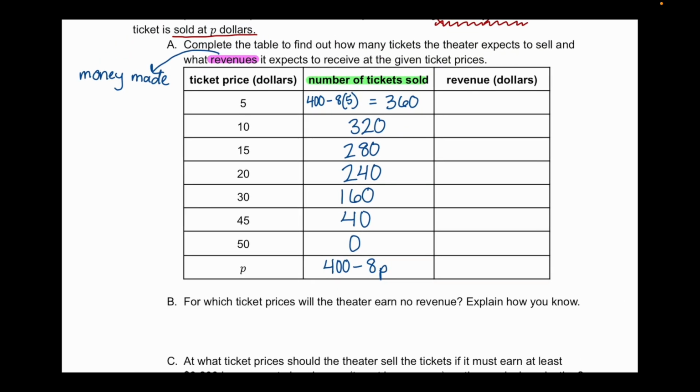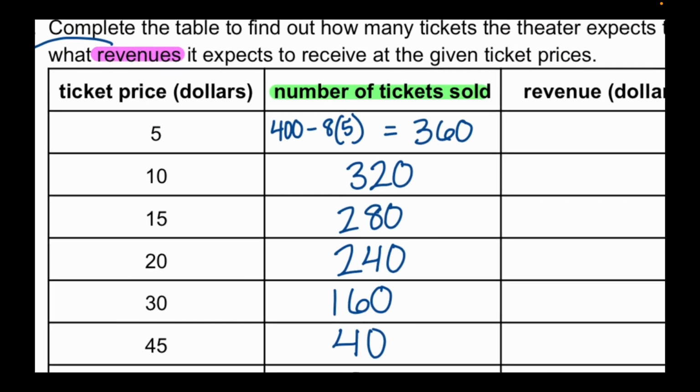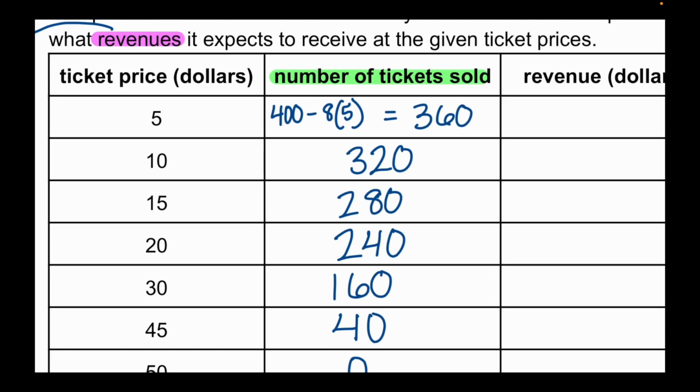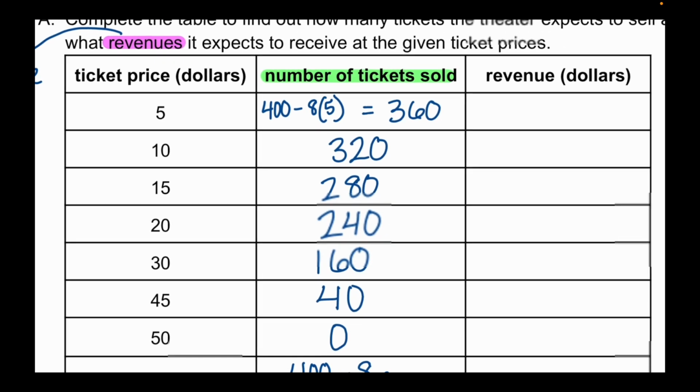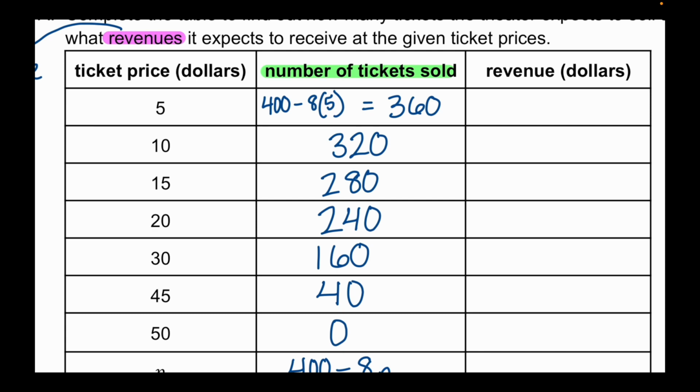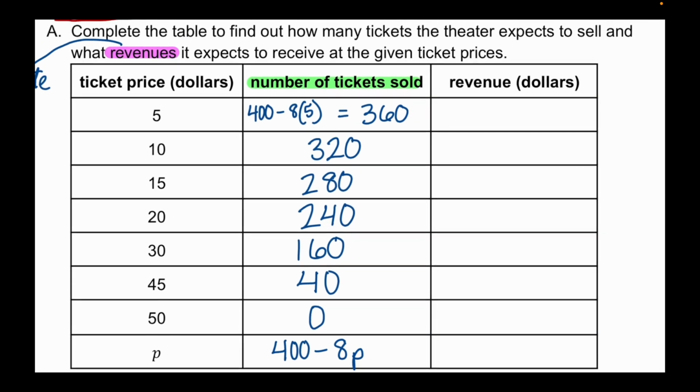Now, how can we figure out how much money they're going to make? Well, the amount of money you make is based on how many things you sell and at what price. Good thing is we have both of those numbers here. So revenue is going to be price multiplied by the number of tickets.